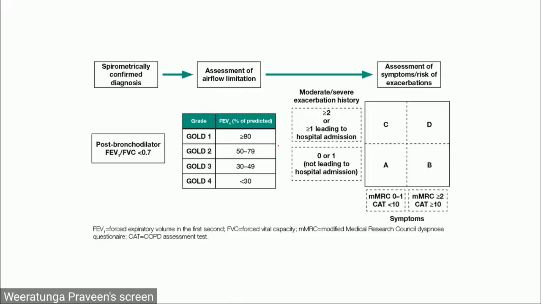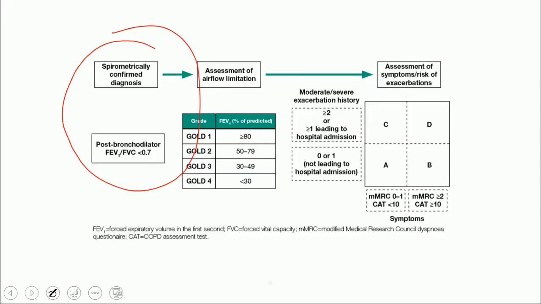Right. Okay. Now in the long case in the prof appointment we talked about how you would assess and manage a patient with COPD. You remember, right? You have to confirm the diagnosis first, ideally with a post bronchodilator FEV1/FVC.